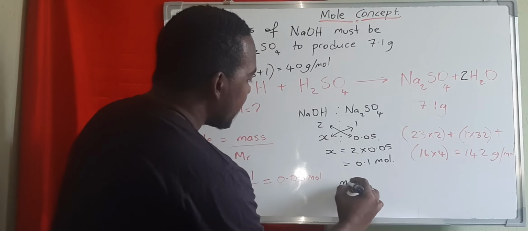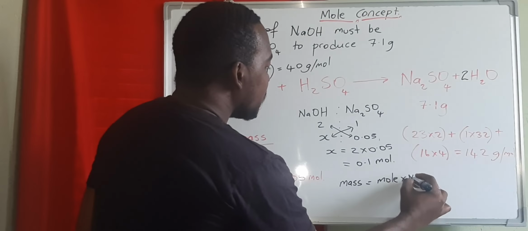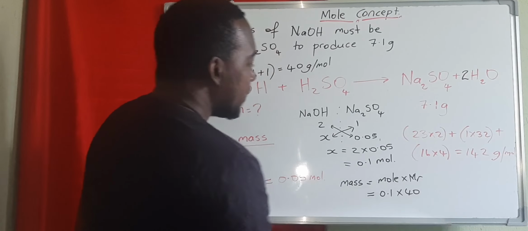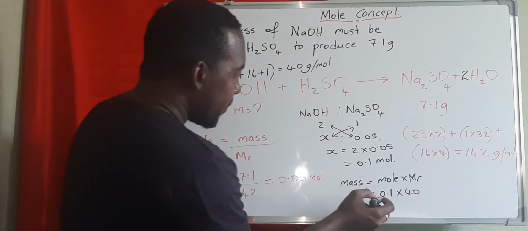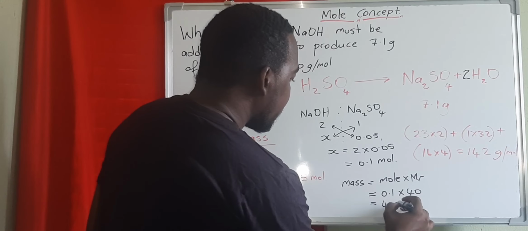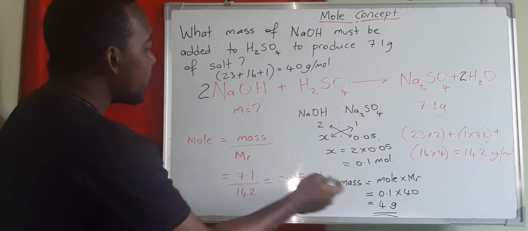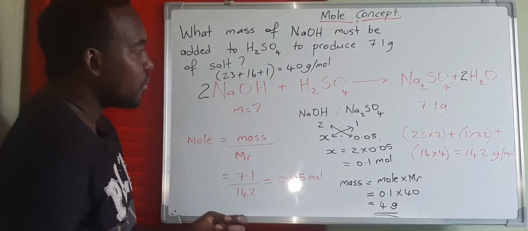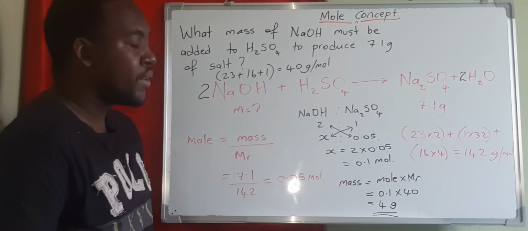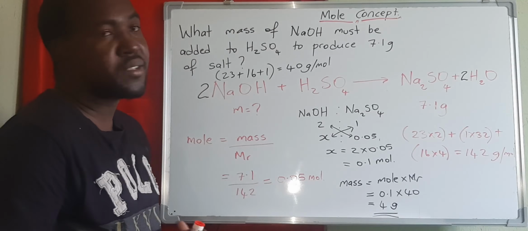So therefore, the mass would be equal to mole times molar mass, which your mole is 0.1 and your molar mass is 40, right? So when we multiply this, we get 4 grams. So what this is saying is we need 4 grams of NaOH to produce 7.1 grams of Na2SO4, right?